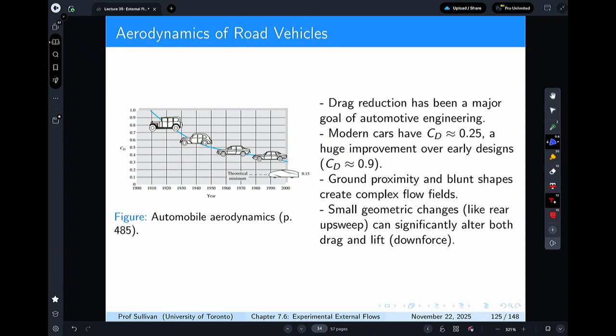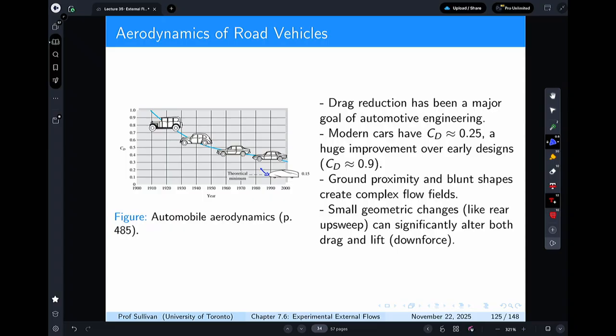This is not a great figure. I can tell you that that figure was there in 1987 when I took the course. So it's the exact same figure. But what's interesting about it is that the low end minima is not really being achieved yet. We are very close.